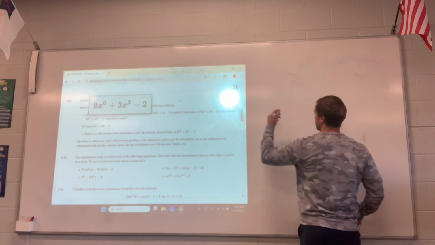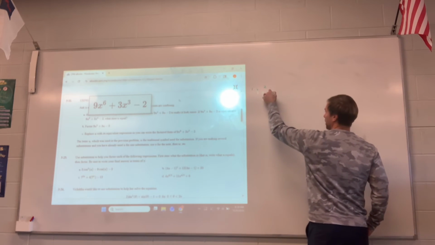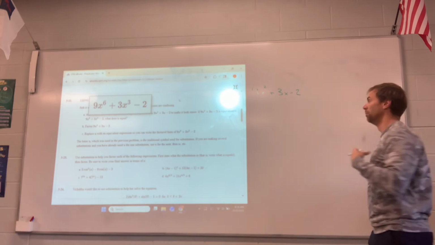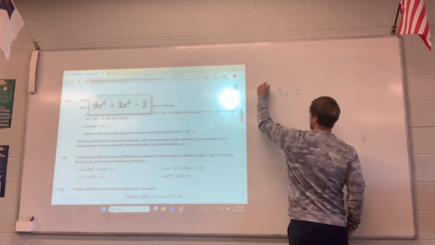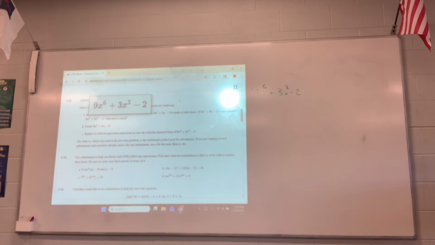What are we used to? We're used to x squared plus 3x minus 2, right? But in this case, it is 6 and 3, right? So, are the exponents a little bit confusing?